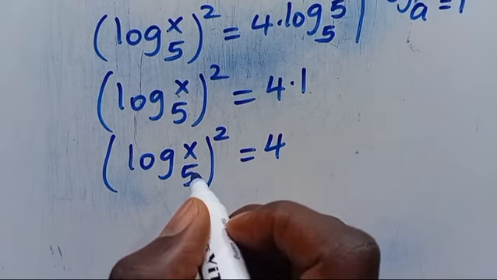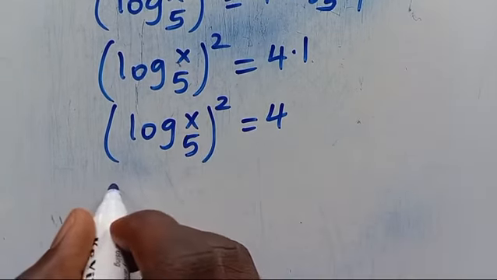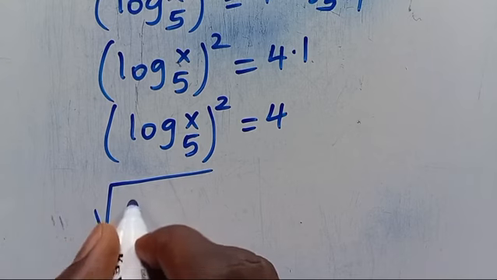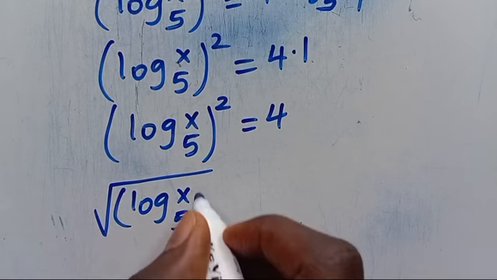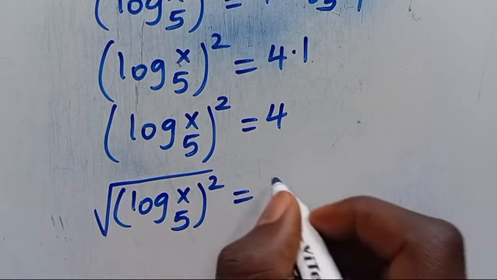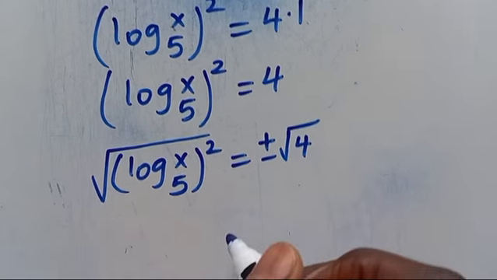Now, let's take the square root of both sides to get rid of the power. So we have the square root of log x in base 5 in parentheses to the power of 2 equals positive or negative root 4.